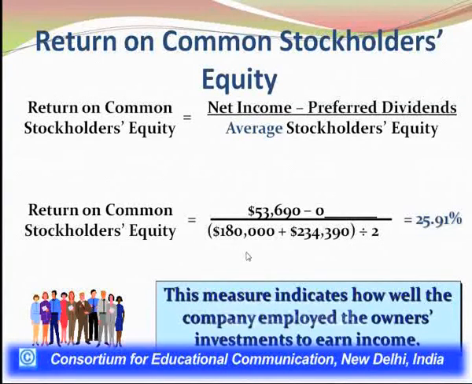The average stockholders equity is 180,000 plus 234,000. Where do these values come from? These two values come from the liability side of the balance sheet at the bottom, where we discuss stockholders fund. If you noted them down well, this 180,000 and 234,000 were the second last values in the stockholders funds column.